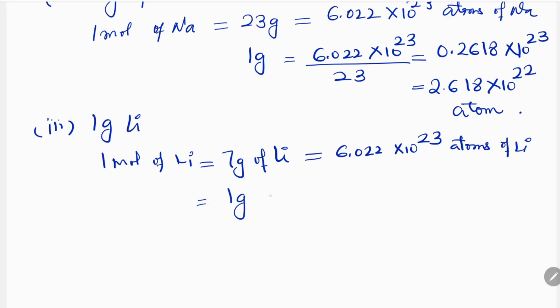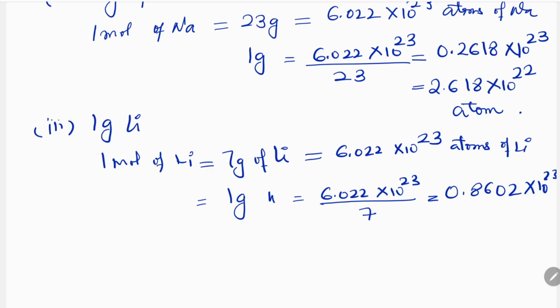So 1 gram of lithium will have 6.022 into 10 raised to power 23 divided by 7. When we divide 6.022 by 7, it comes out to be 0.8602 into 10 raised to power 23. The decimal will be shifted towards the right hand side: 8.602 into 10 raised to power 22, which is once again more than sodium.